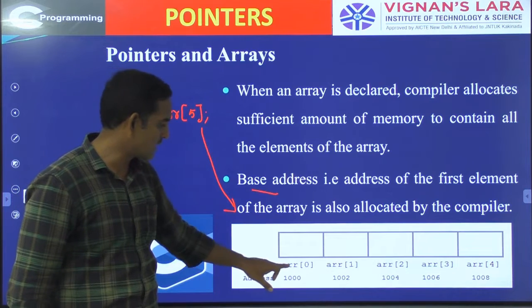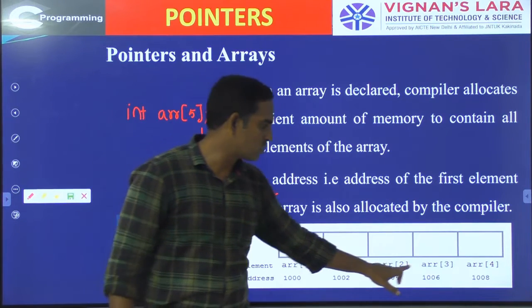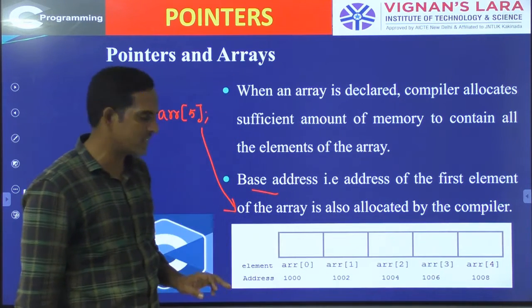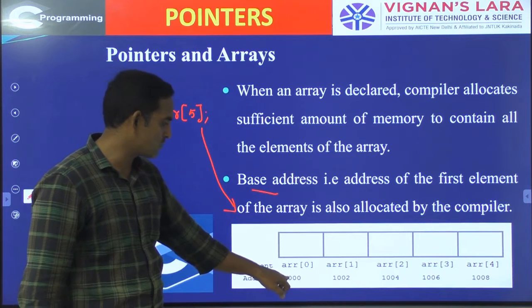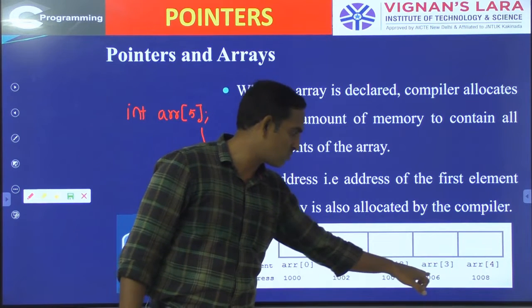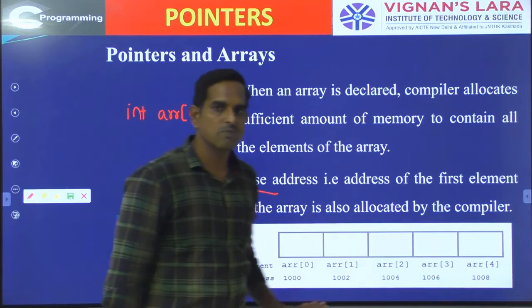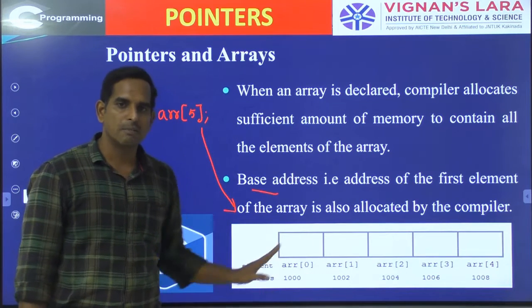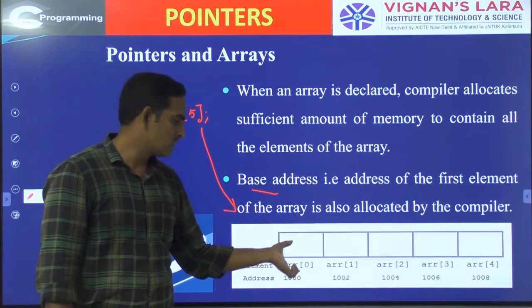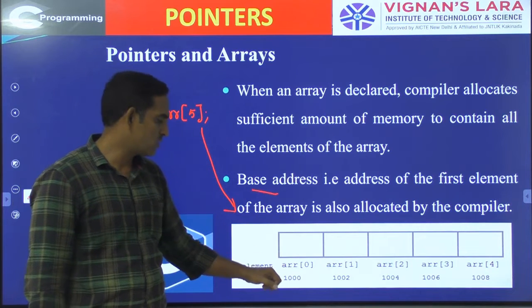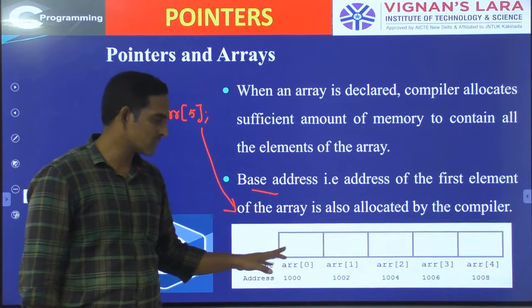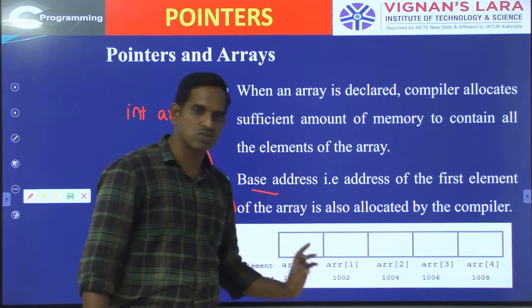The elements are ARR[0], ARR[1], 2, 3 and 4; those are your indices. And the addresses are 1000, 1002, 1004, 1006 and 1008. Here we have considered a 16-bit compiler, where integers are 2 bytes. So the first element will be present at 1000, and the second element at 1002.